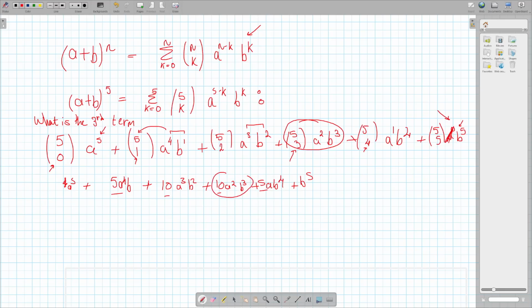If you write this in your exam, your paper will get spit on, okay? The third term, count. This is your first term. This is your second term. This is your third term. So remember, we start counting from k equals 0, not k equals 1. So if they say fourth term, you're going to look at your third value, okay? That's the first thing to note.